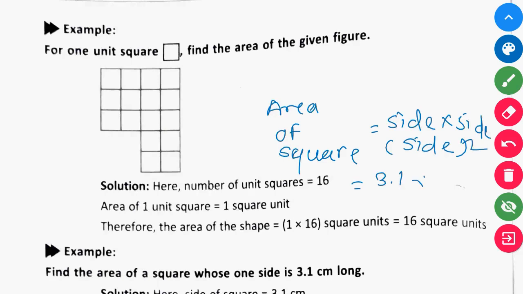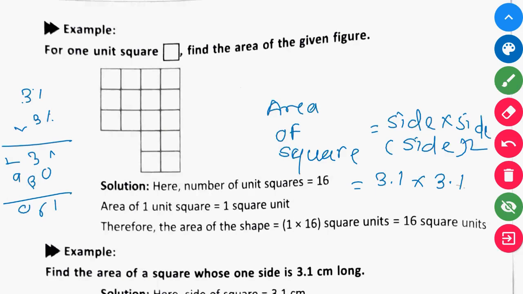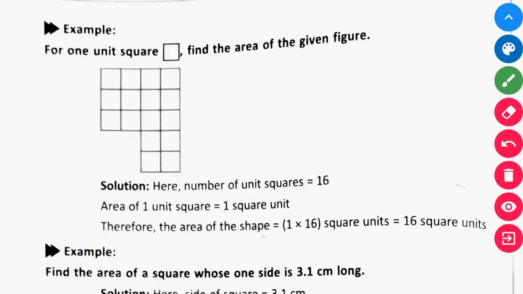So 3.1 multiplied by 3.1, multiply it. 31 multiplied by 31. 1 1s are 1, 1 3s are 3, 0, 3 1s are 3, 3 3s are 9. Add: 961 centimeter square is the area of the square.